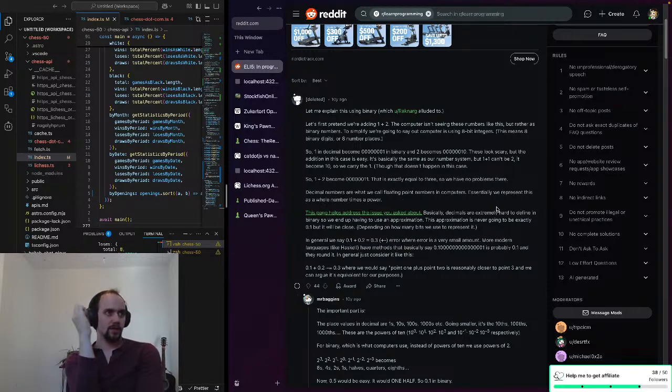Decimal numbers, what we call floating point numbers in computers, are represented as a whole number times a power. Basically, decimals are extremely hard to define in binary, so we end up using an approximation. This approximation is never going to be exactly 0.1, but it'll be close depending on how many bits you use to represent it.